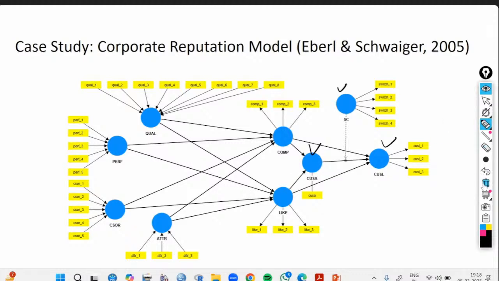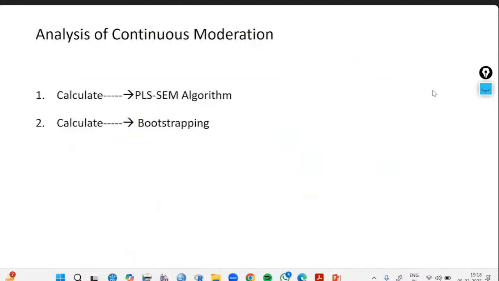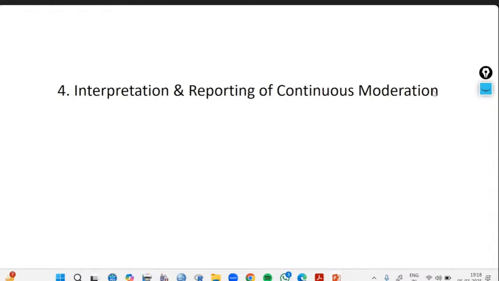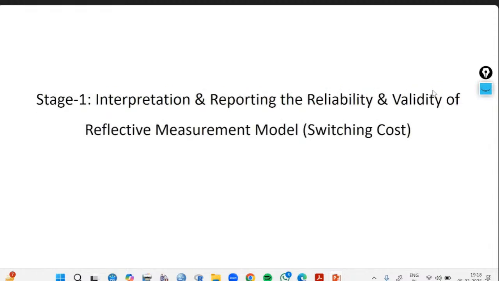Okay, तो ये हम चेक करेंगे. ये मॉडल इस तरीके से बनाना है हमें. Then we will perform PLS algorithm and bootstrapping. Then interpretation, the reporting, the first stage. We will check whether the reflective measurement model is reliable or valid. Reliability and validity.